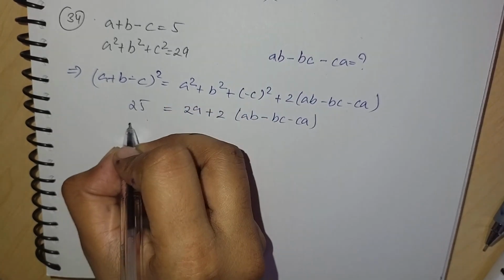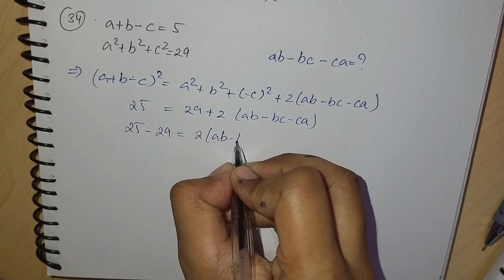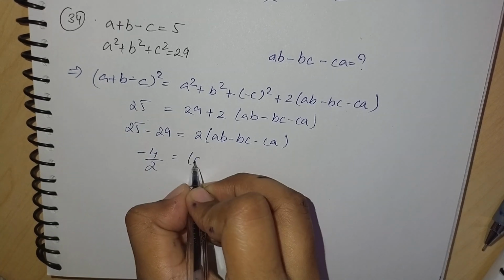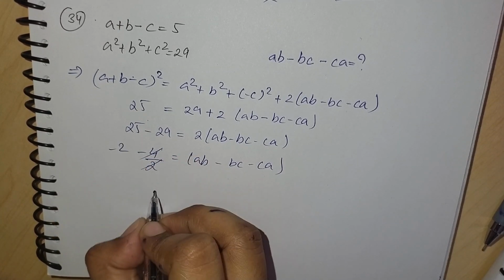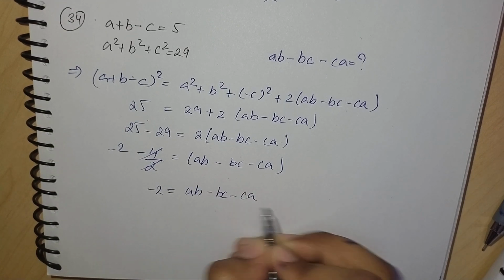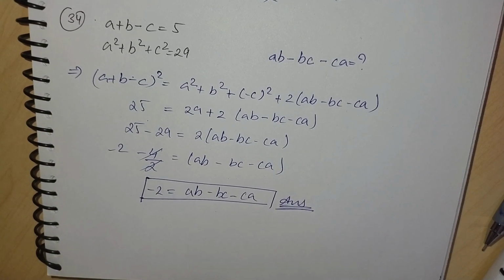Here 25. So 25 minus 29 equal to 2 times (ab minus bc minus ca). Minus 4 divided by 2 equal to ab minus bc minus ca. So minus 2 is the value here as the answer in this question.